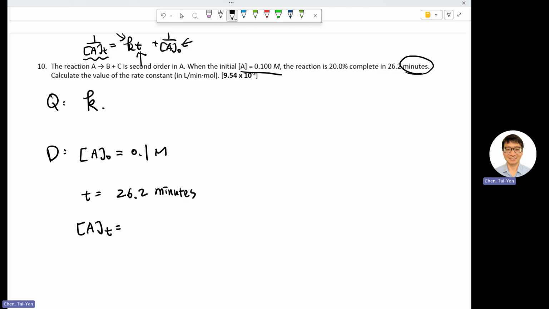So if you know your initial concentration is 0.1, you have 80% remains. Can you compute your AT? Okay, the computation is actually very simple, right? It will be your original concentration times 80%, which is 0.1 times 0.8. That gives you a value of 0.08 M.